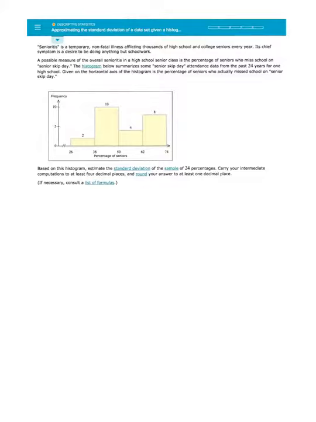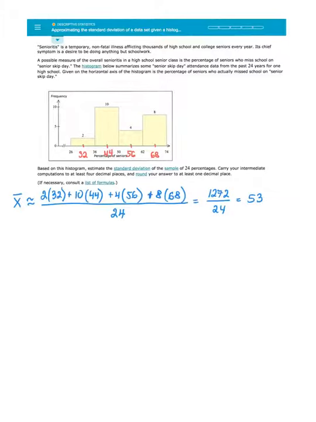We already learned how to compute, or estimate in this case, a sample mean for data provided to us in histogram form. First, we need to find a midpoint that will represent each class. In this case, we have 32, 44, 56, and 68, and each of those midpoints will multiply into its corresponding frequency.